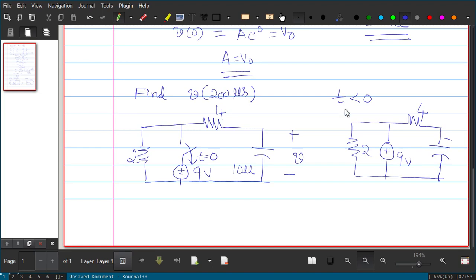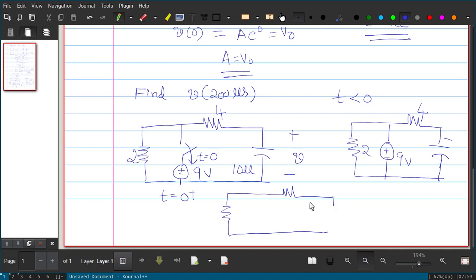So at t less than 0, this is the circuit, and at t equal to 0 plus, the moment when the switch is opened, what is the circuit? It is 4 and 2 as before, and instead of the capacitor, how do we model it? The capacitor resists abrupt voltage change.